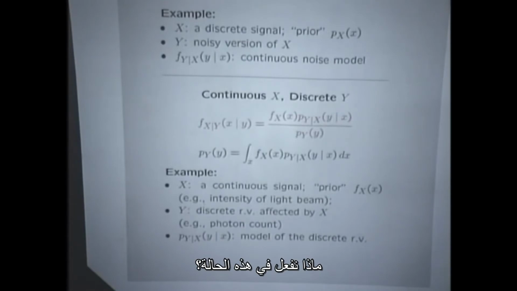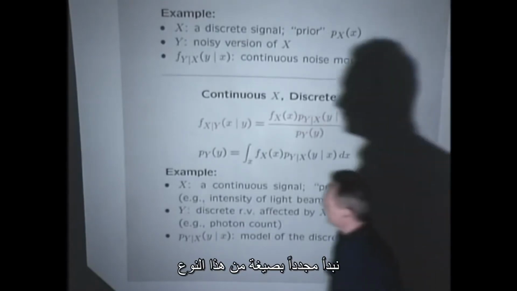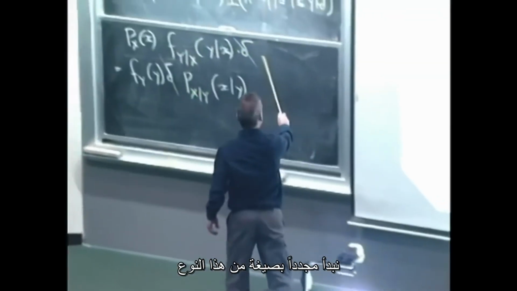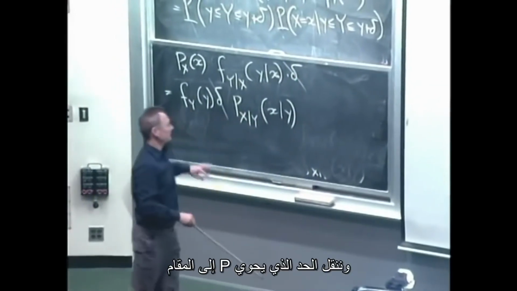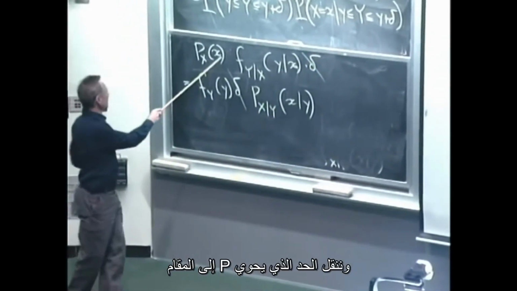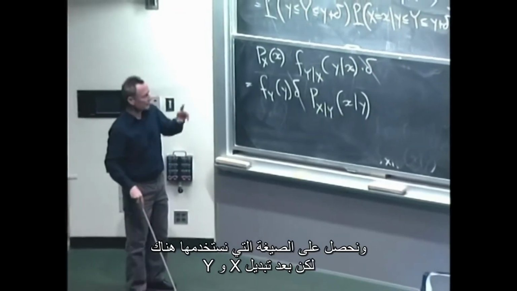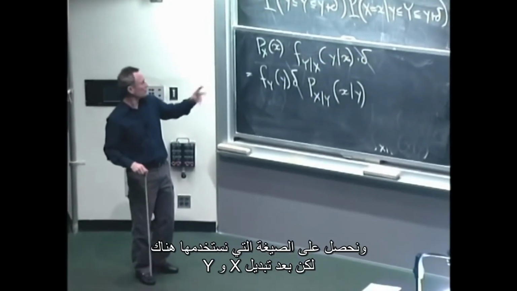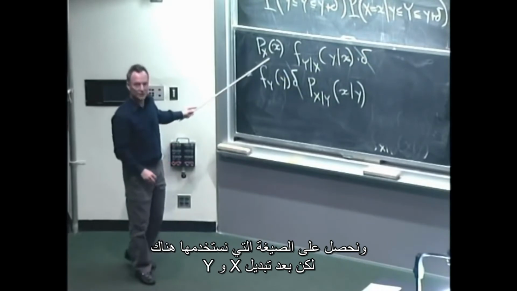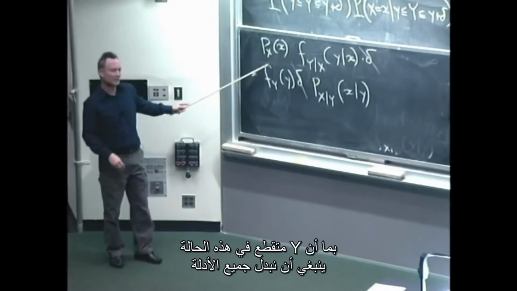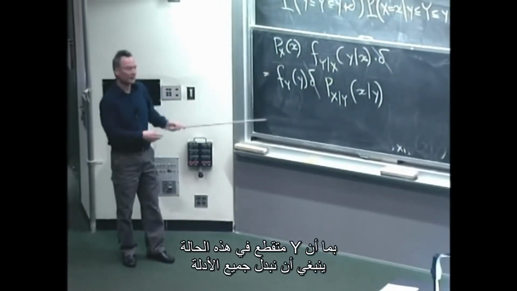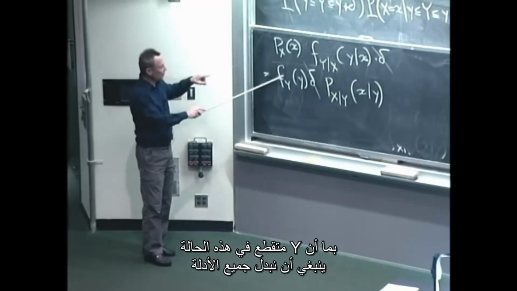What do we do in this case? Well, we start again with a formula of this kind and send the p term to the denominator. And that's the formula that we use there, except that the roles of x's and y's are interchanged. So since here we have y being discrete, we should change all the subscripts.